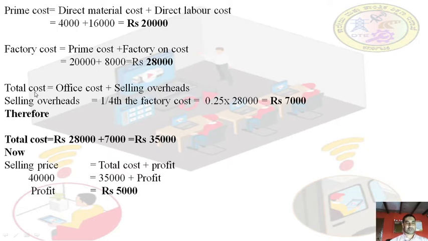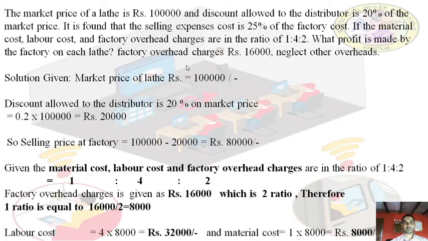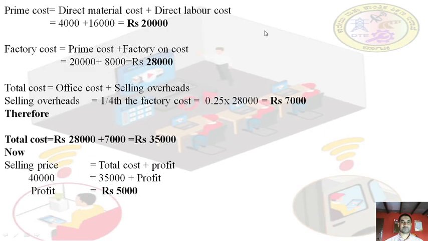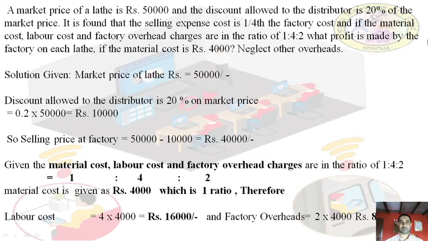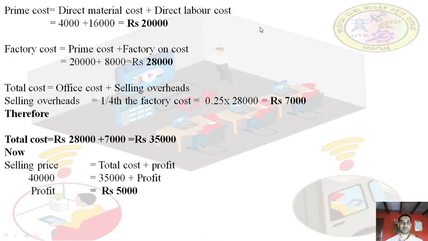Next, the total cost is given by office cost plus selling and distribution overhead. The selling expense is given as 25% of the factory cost. 1 by 4 times the factory cost, and 1/4 is nothing but 25%.